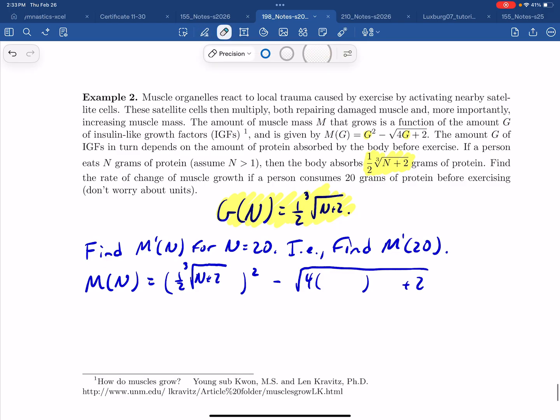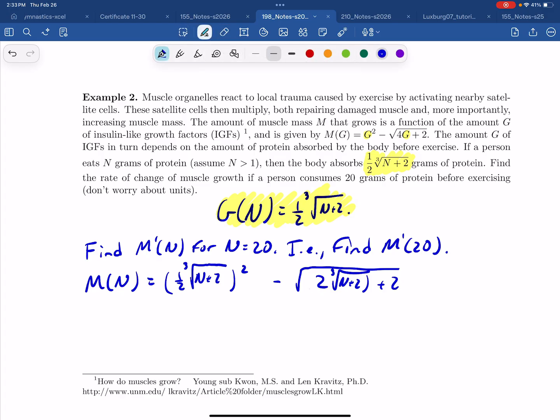And again, get rid of that G: 1/2 times the cube root of n plus 2. Okay? So now we're going to take the derivative of this guy. And let's see what we get. Now, first off, I guess we can clean this up a little bit. 4 times 1/2 is really going to equal 2.